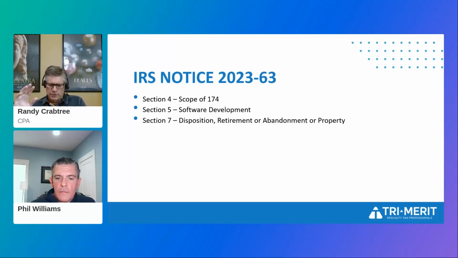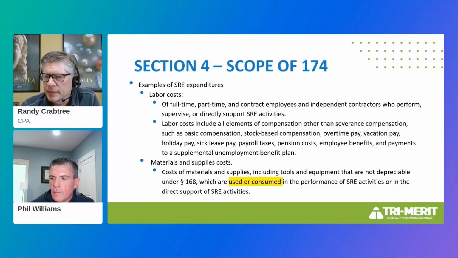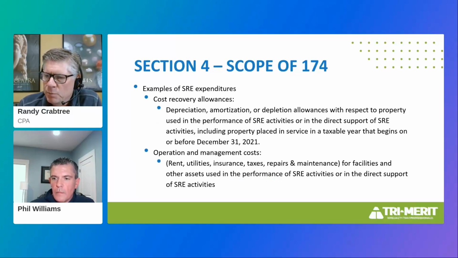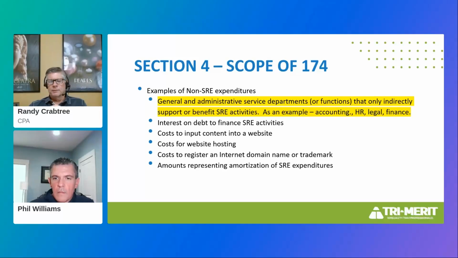So let's just talk 174 in the next 2 minutes that we have. This guidance came out at the end of last year. It basically defined what 174 is. There are a couple things that I want to highlight here. Basically, how do we allocate indirect expenses to 174? And IRS basically said, well, one thing before I even say that, this is a big deal.